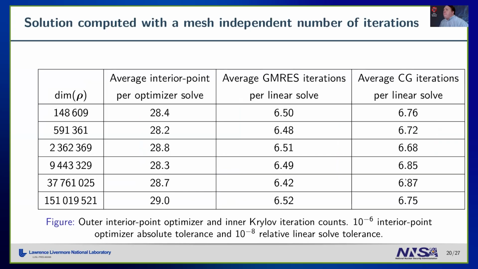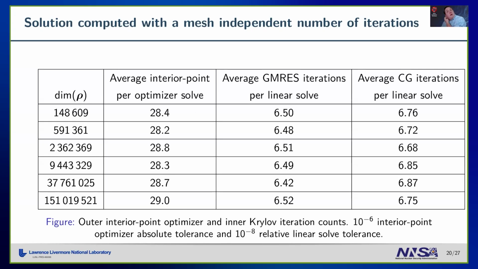Maybe a little more interesting is how this algorithm performs under mesh refinement. Here we have a sequence of solves with different levels of mesh resolution from coarse to fine meshes, reflected in the dimension of the discretized parameter field from hundreds of thousands to hundreds of millions. The average number of interior point steps to solve this optimization problem is fairly fixed at 28, 29.